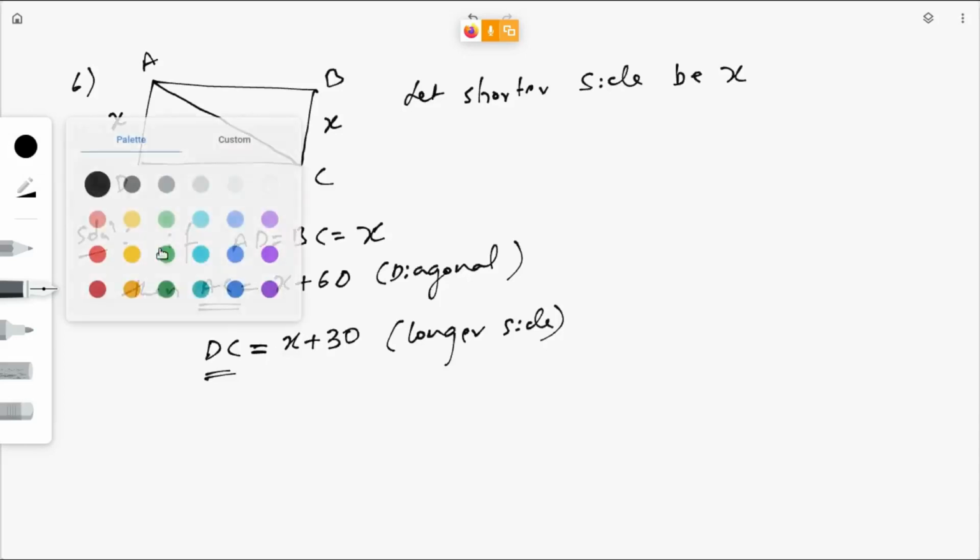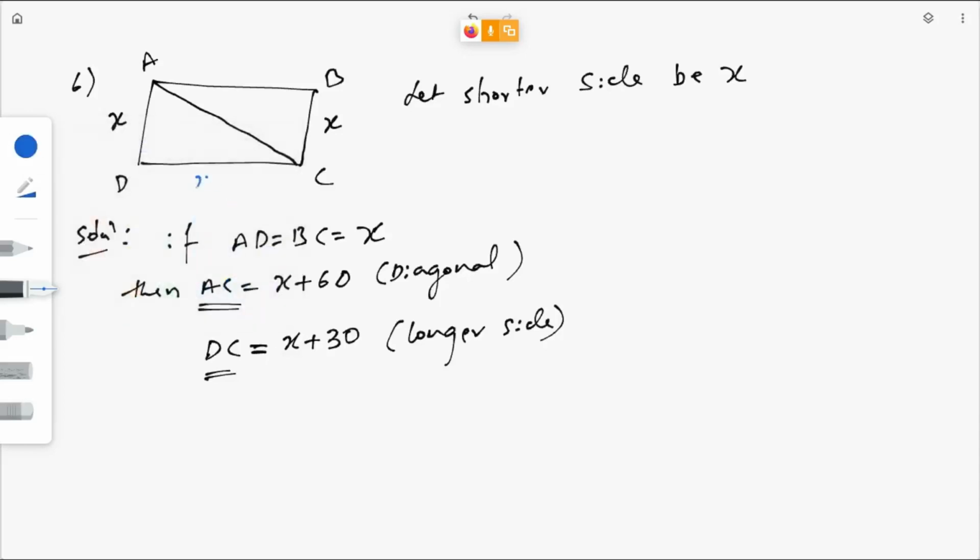Or if you want to, let me write it here. This is your x plus 30 and the diagonal x plus 60. So this is from the given statement. Then find the sides of the field. You need to find BC and then DC.